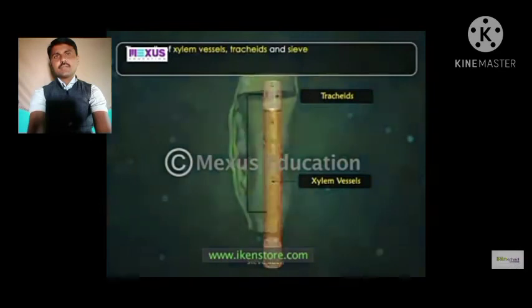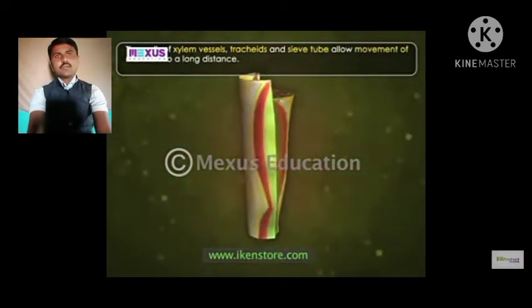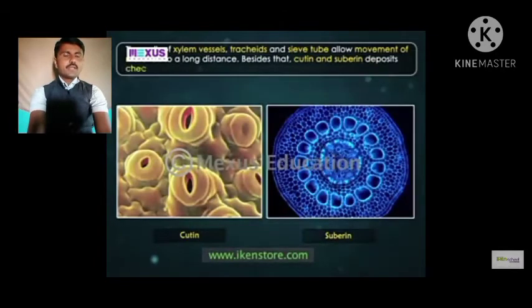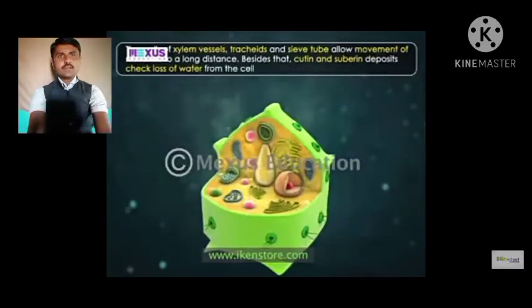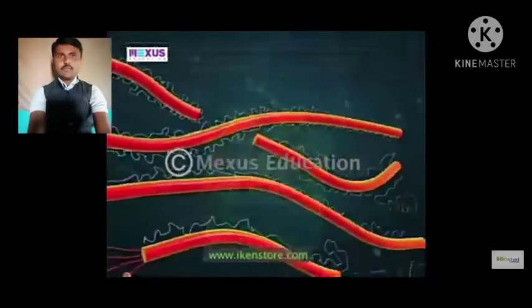Xylem vessels and tracheids allow movement over a long distance. Besides that, cutin and suberin deposits check loss of water from the cell surface by evaporation.